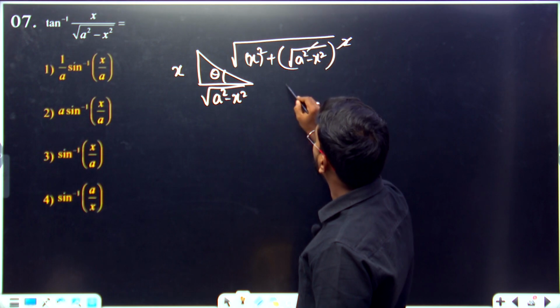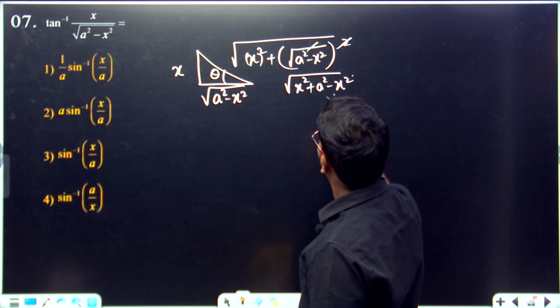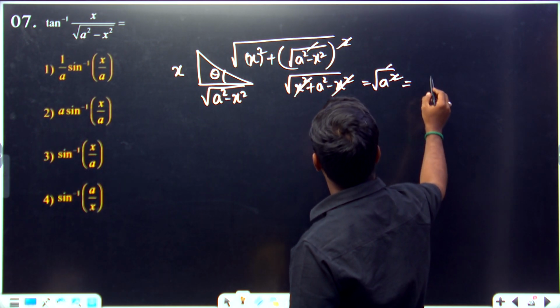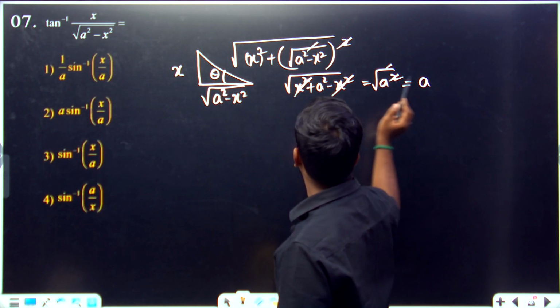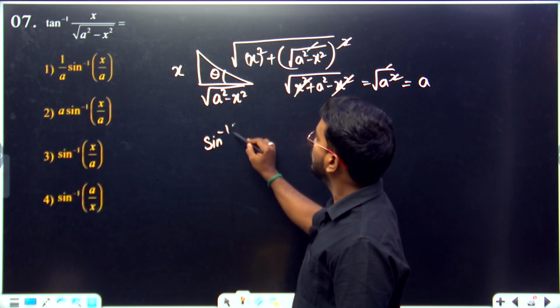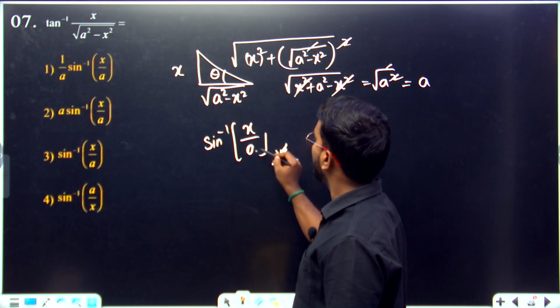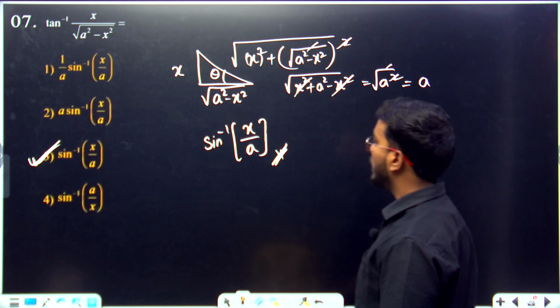Square and under root get cancelled. This is x square plus a square minus x square, which cancel, leaving root of a square, that is a. So this one is opposite and this one is hypotenuse. So we can write sine inverse of opposite by hypotenuse, sine inverse of x by a. What is the answer? Sine inverse of x by a.